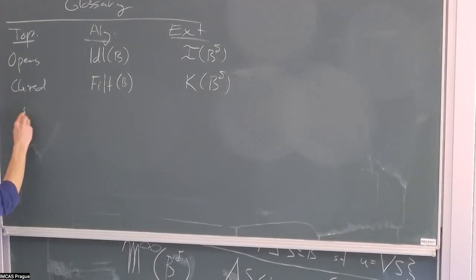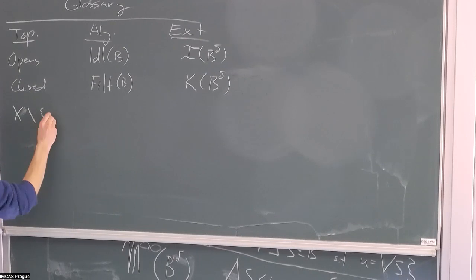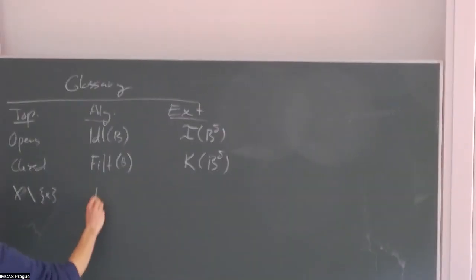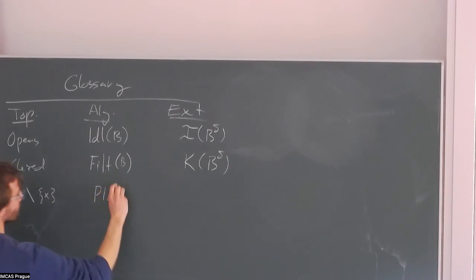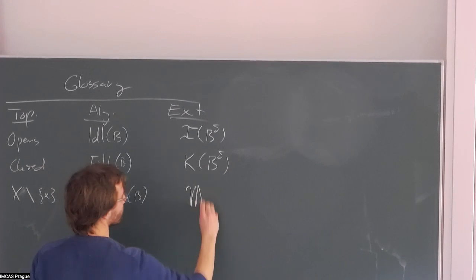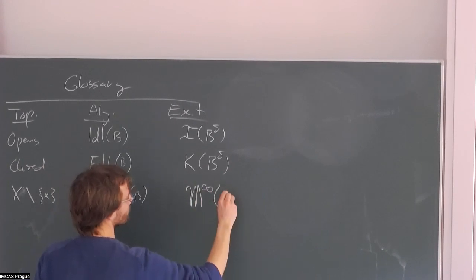Then instead of X minus a point, here we would have prime ideal, and here we just would have completely meet irreducible.